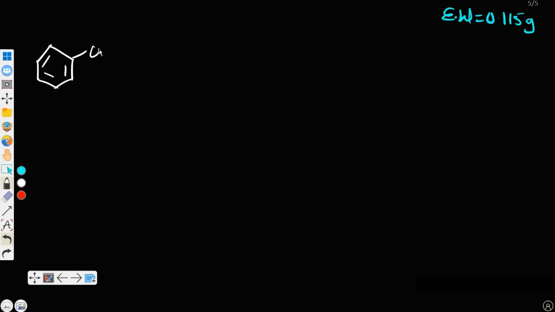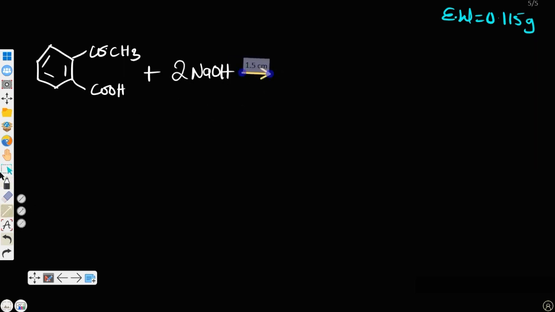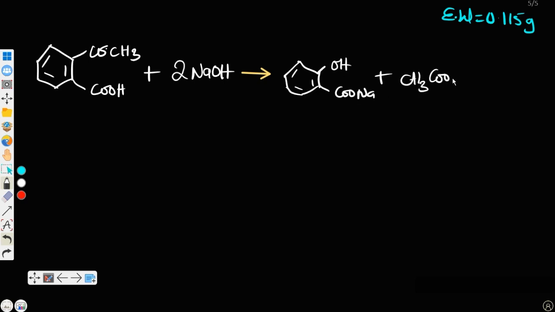So we have CH3, and then you have COOH plus 2 sodium hydroxide, and then you have this, which is OH, then we have this Na plus. I'm writing this again so that you can learn it better in case this is a practical you see.